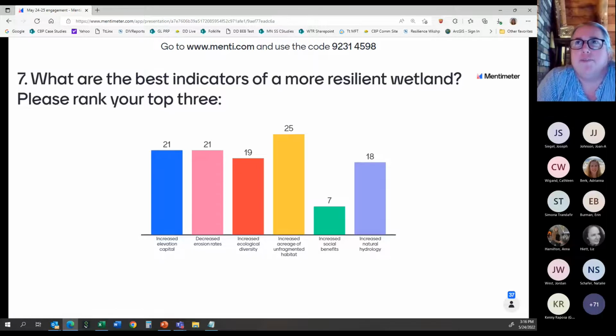I think that just reflects how we do capture wetlands so far. We haven't captured social benefits very often. Simona's work is really great, but it's brand new, and Adam's is also brand new. So we're just on the edge of starting to better capture some of these social benefits, and we don't know how well they'll be accepted and how they can be applied.